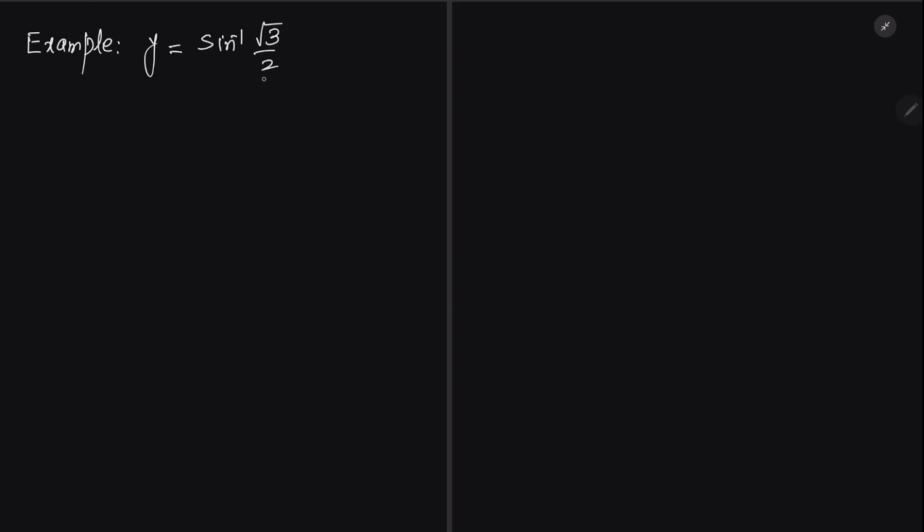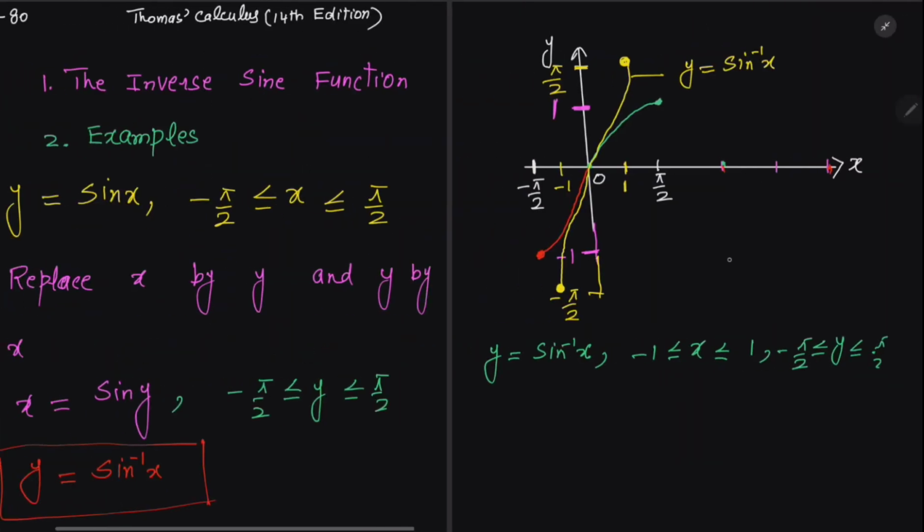We know that root 3 by 2 is between minus 1 and 1, so it satisfies this domain condition. It should be in this range for this domain.